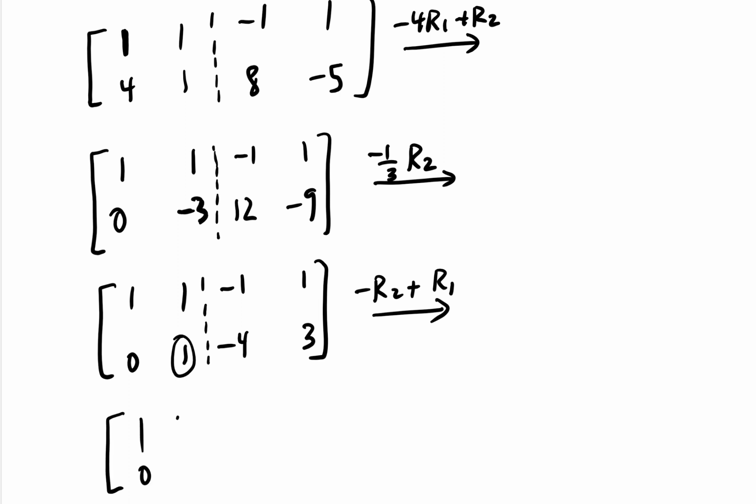So we get 1, 0, 0, 1. 4 minus 1 is 3. And this is negative 2, stays the same.